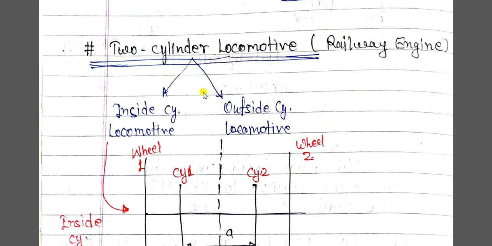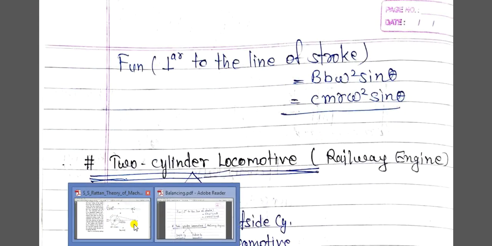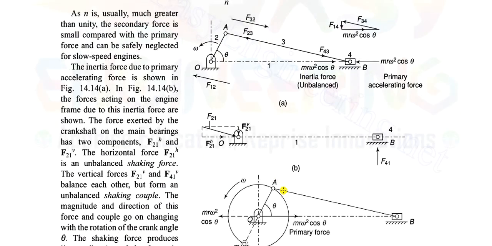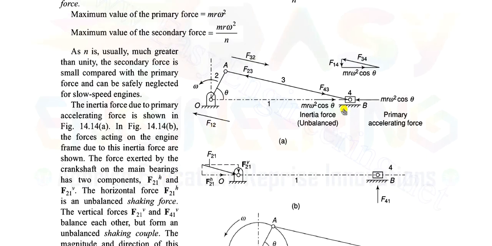What were the effects of this? These were from my notes. Now if you go to the textbook, everything is written here. He has not taken it in the form of b b, but see what he is trying to do. Here you have the unbalanced force, this inertia force M r omega square cos theta.